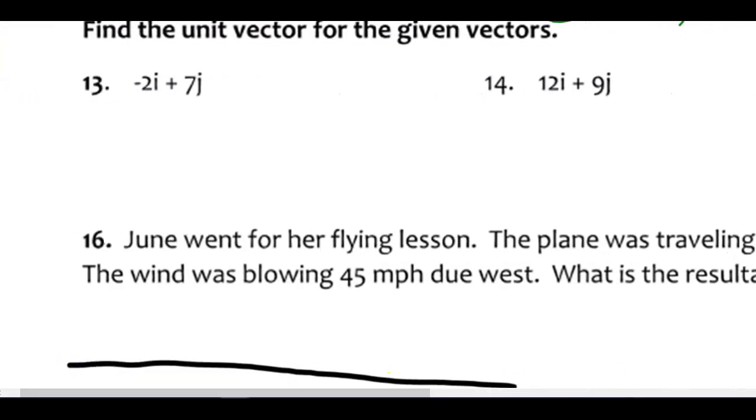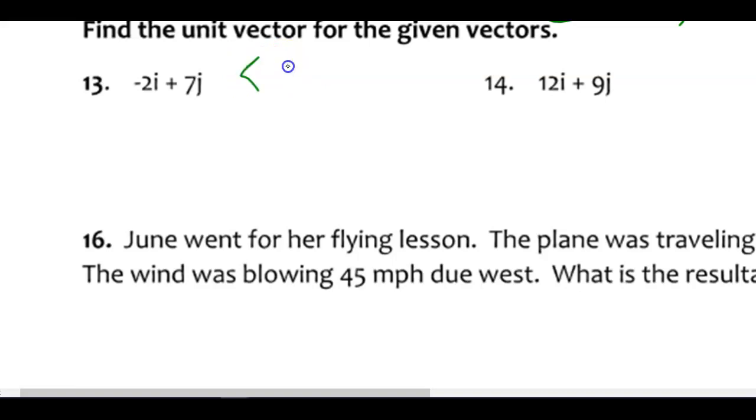Right here, find a unit vector. So if you remember, the rule for unit vector is that the unit vector is going to be u1 over the magnitude of u and u2 over the magnitude of u.